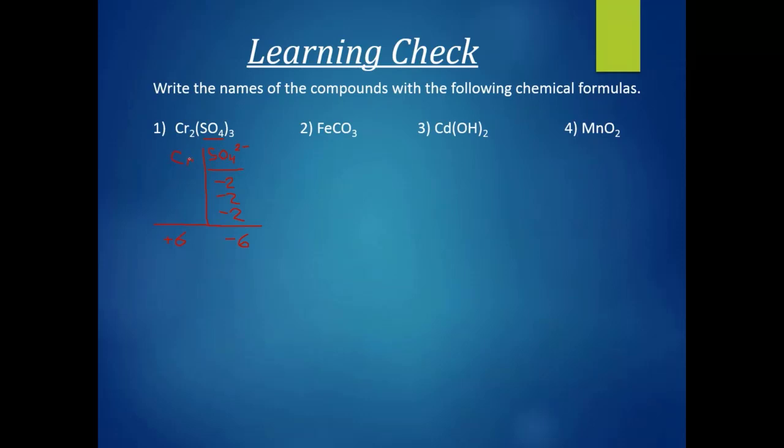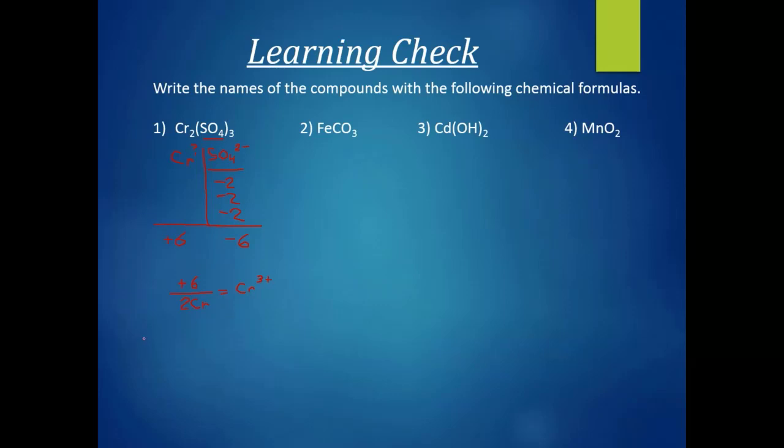I don't know what the charge of it is. So I'll take my +6 charge, and I'm going to divide it by the fact that I have 2 chromiums, and that's going to give me Cr with a 3+ charge.